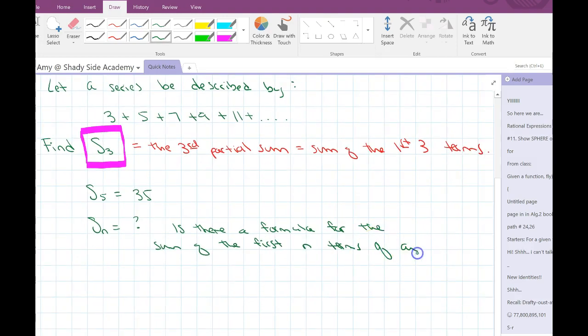Of an arithmetic series. I think I may have just said geometric when I was speaking just now. Sorry for the speako. Okay, is there a formula for the sum of the first n terms of an arithmetic series?